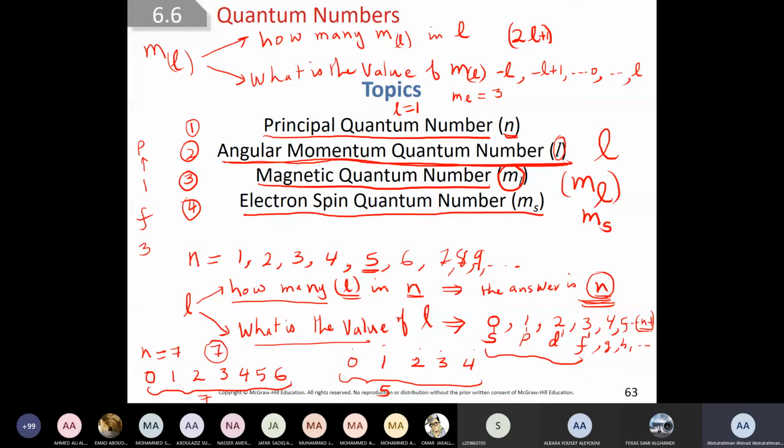What are the values for ml? Minus 1, 0, and 1. Is this clear? Doctor, just a second. What's the other name for L equal to 1? What's the other name instead of 1?